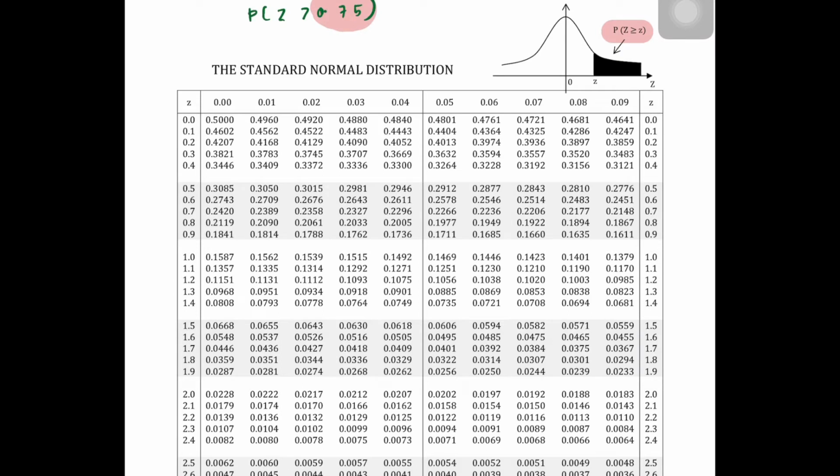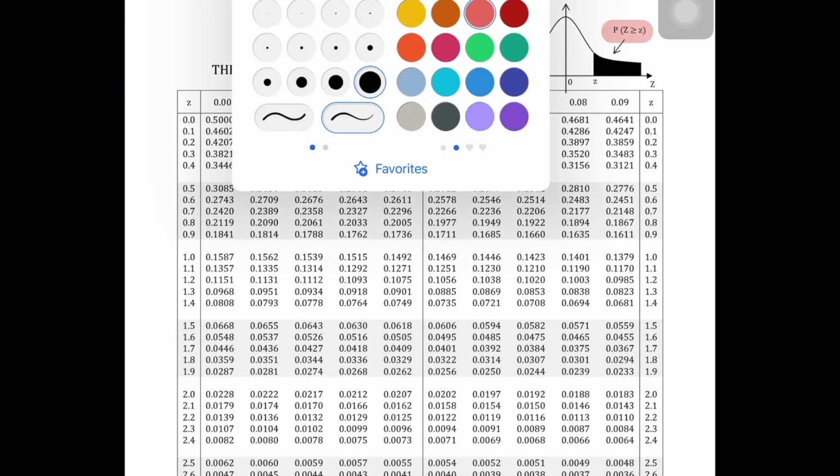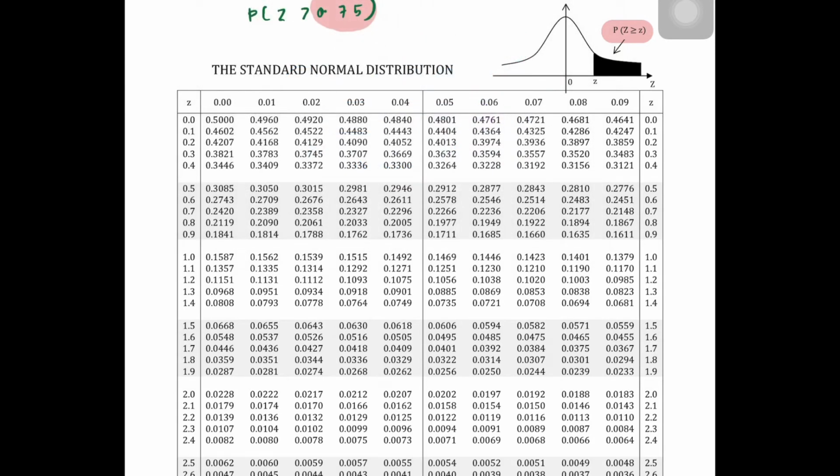So how can you read the table? The first column is for the first decimal place number, and the first row is for the second decimal place number. You have 0.75 here. Just take 0.7 first, so refer to this row 0.7.